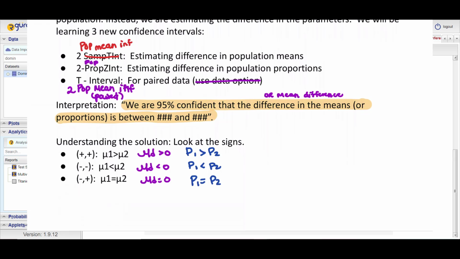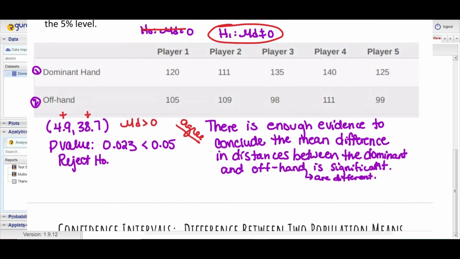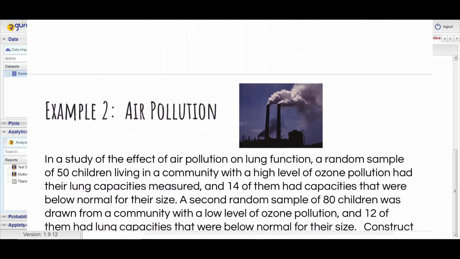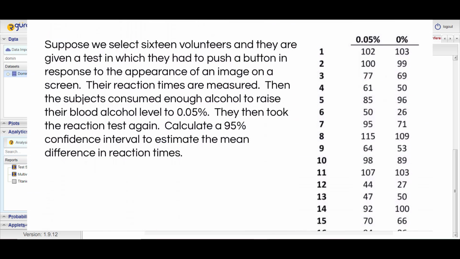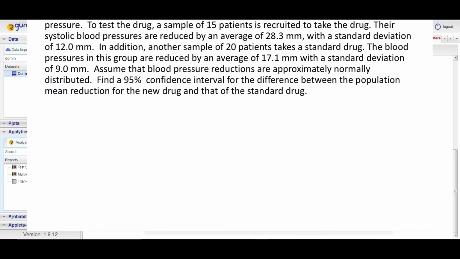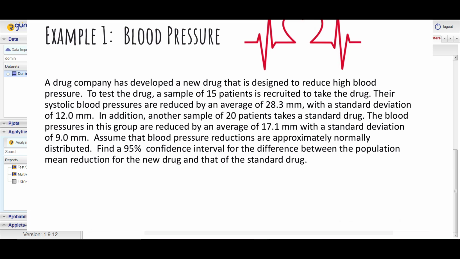So that's just reviewing what we already covered when we did all of these confidence intervals. So there are 3 more examples, 1, 2, and 3, and these just cover finding the confidence interval. You're not actually doing the test, you're doing a confidence interval.